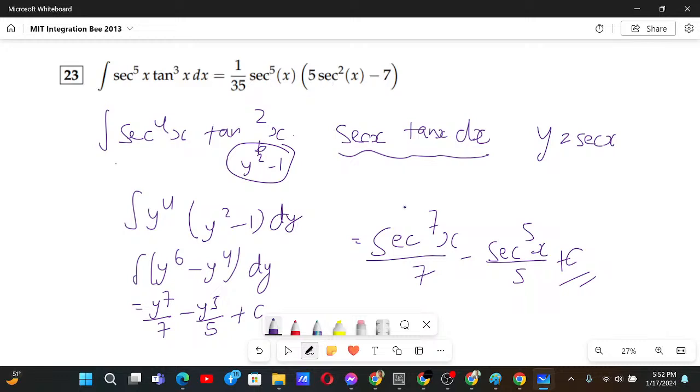And to get this answer, you can take sec to the power 5 x by 35 common, and that gives us sec to the power 5 x by 35 times (5 sec square x minus 7) plus c. That's the answer. Let's go to the next problem now.